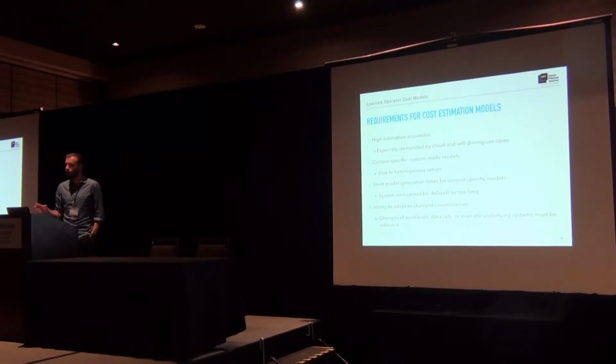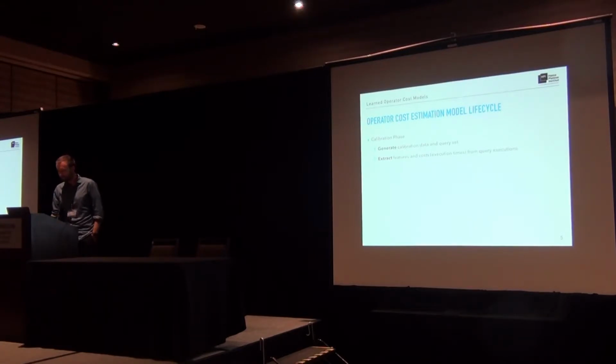So the idea to learn cost models based on query execution and operator execution observations is not new. But I want to quickly go over a high-level overview of how this is done and what our adaptations to that are. In the first phase, which we call the calibration phase, we need to generate observation data that we can later train our models on.